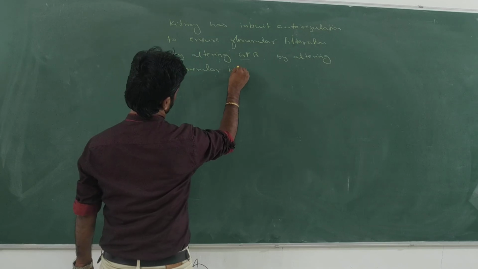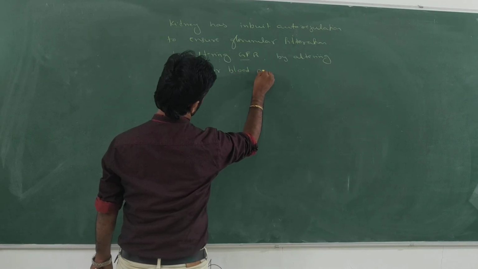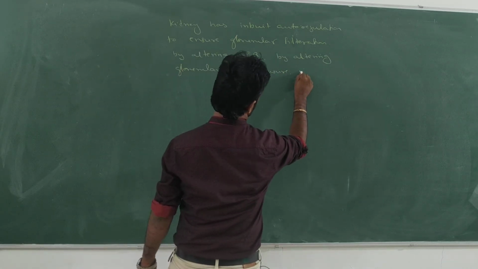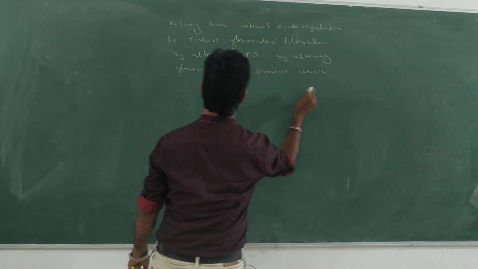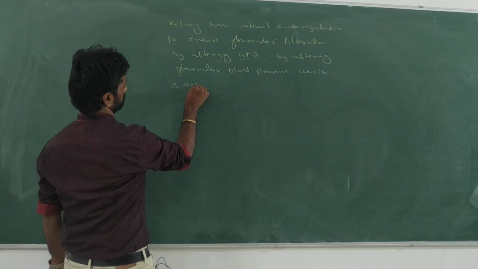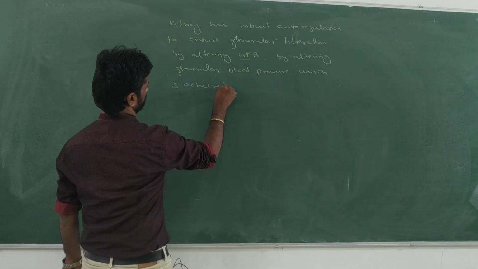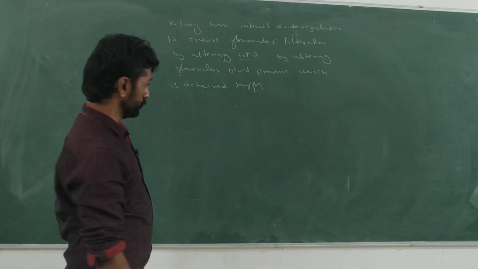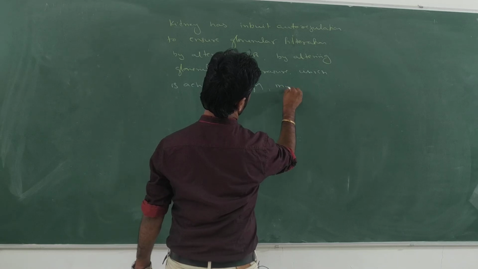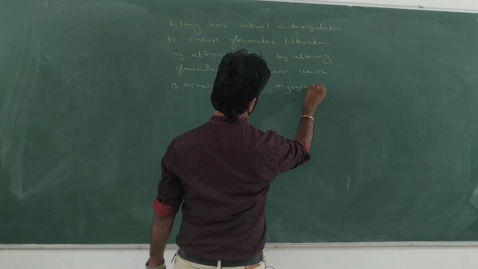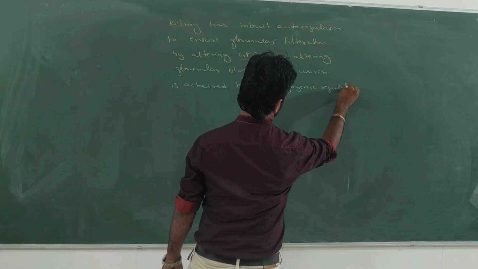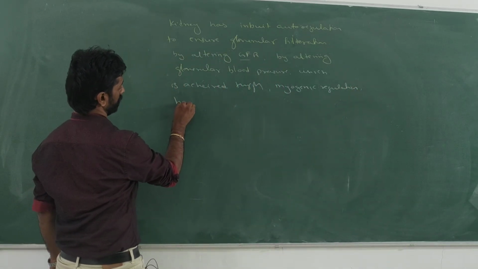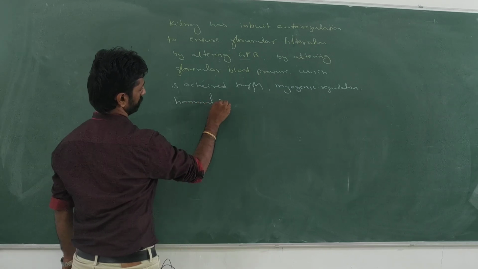The GFR is altered by altering the glomerular blood pressure, which is achieved through myogenic regulation. Along with that, there is a hormonal feedback mechanism.